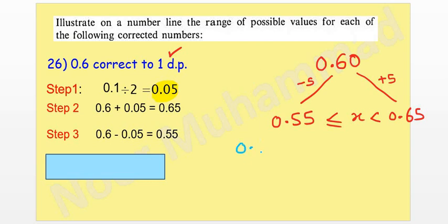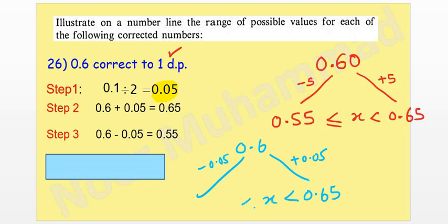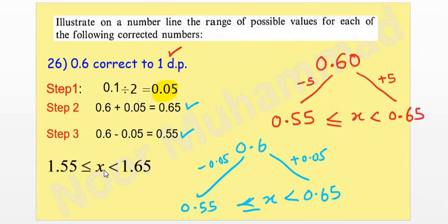You will write 0.6, subtract from it 0.05, and then add to it 0.05, so that you will get 0.65 here, x, and on the other side you will get 0.55. So see, I added here and subtracted here to get the upper and the lower limits. So this is our answer. Here you can see the answer.